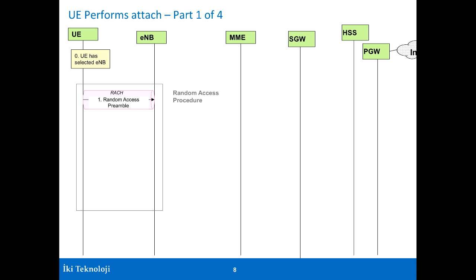What the thing is, this random access preamble actually consists of two parts. One is the preamble identity, which is called the RAPID, random access preamble identity. This is one of 64 values that the mobile can choose.